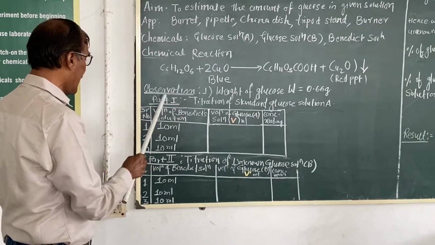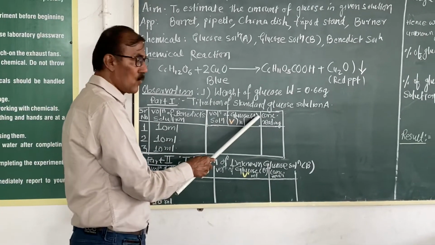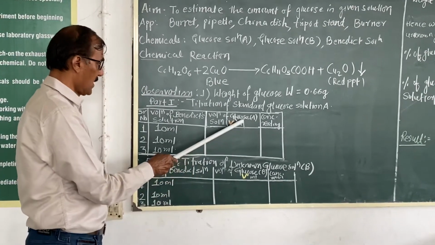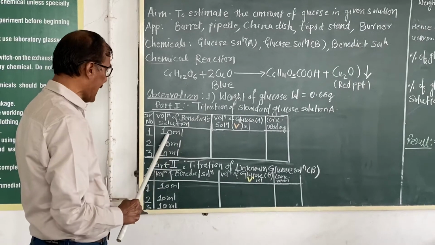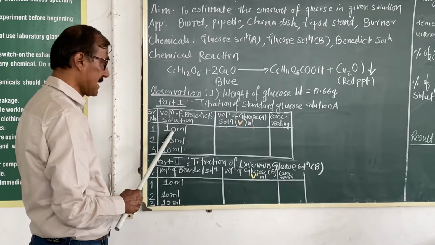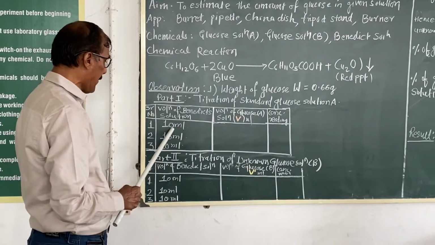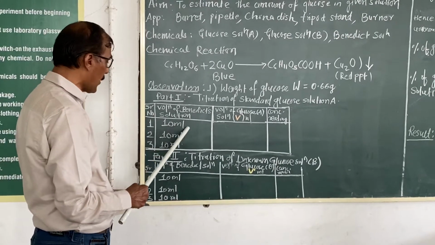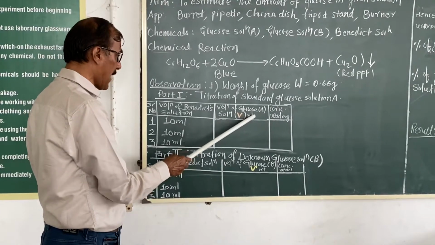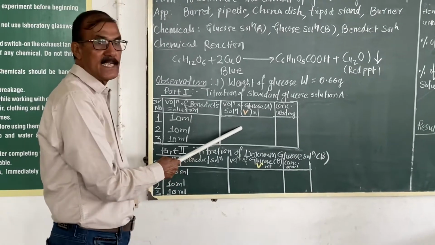Fill up the burette with glucose solution A, whose concentration is known to you, and take 10 ml Benedict solution in a china dish. Heat it for 10 minutes, up to the boiling, and then add the glucose solution from the burette till the red PPT occurs.